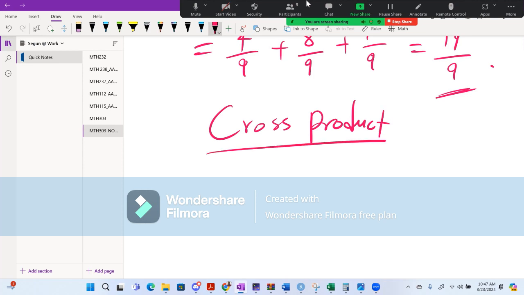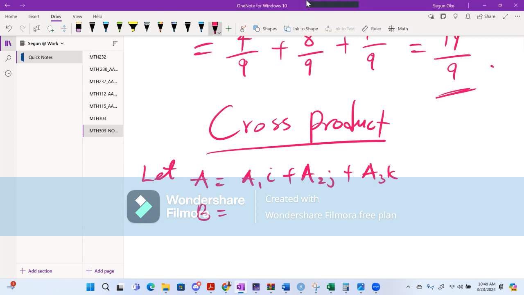So if you have, let's say, A equals A1i plus A2j plus A3k, then B equals B1i plus B2j plus B3k.